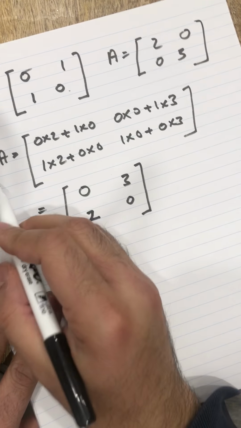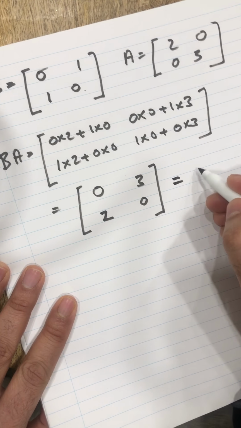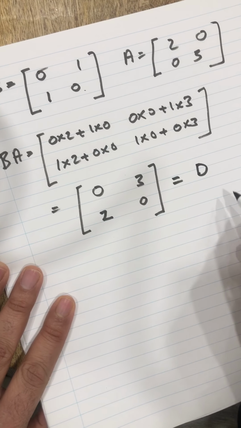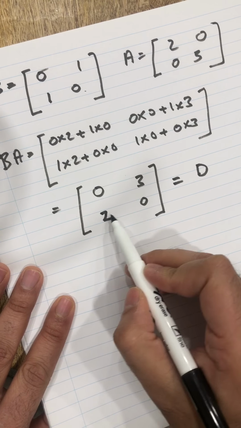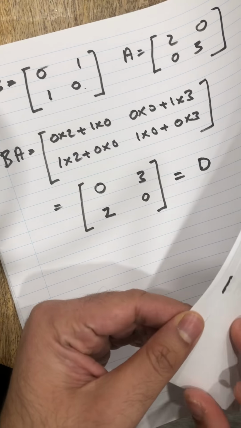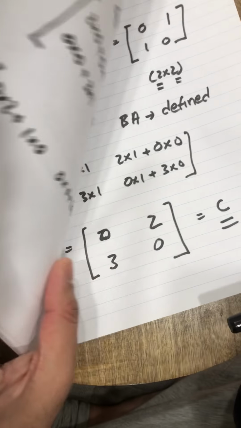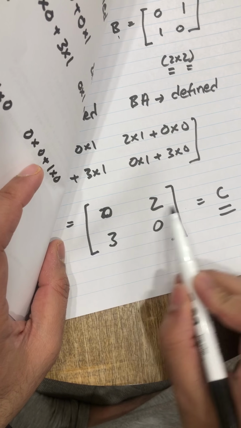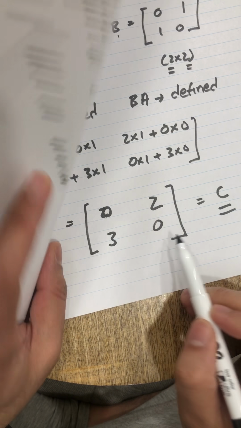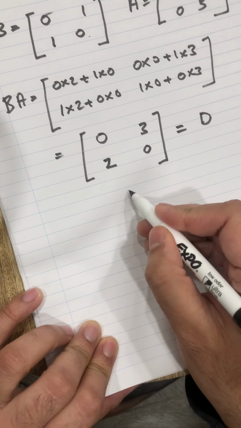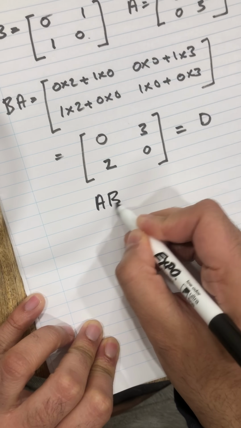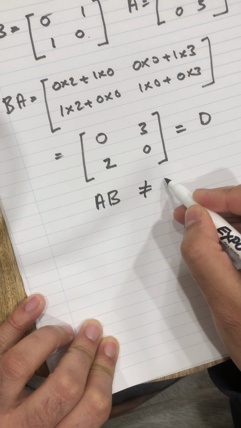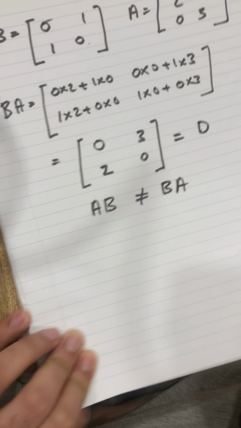The result of B into A, let's call this matrix D. Notice it's 0, 3, 2, 0, whereas when we were doing A into B, we found 0, 2, 3, 0. So A into B is not equal to B into A, right?